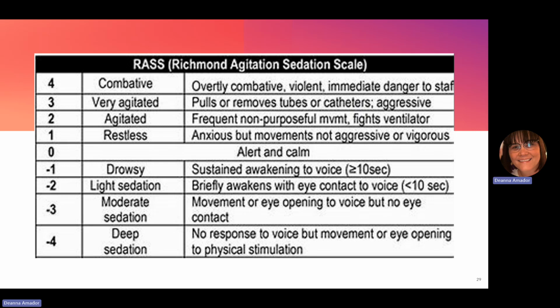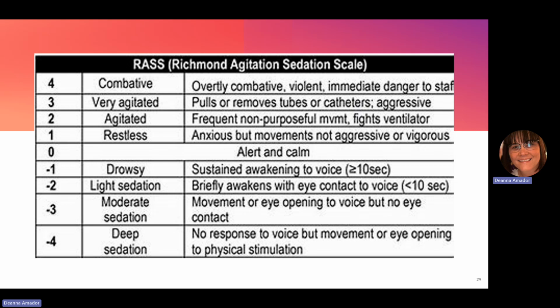If my order said to have them at a 0 or a -1 and they were at a 3 or a 2, then according to my order, I could increase my drip by whatever the order said to increase it by. So if I had my patient going at, let's say, 30 mics per kilo per minute of propofol, to maintain a RASS of 0, and they were flailing and trying to pull the breathing tube out.